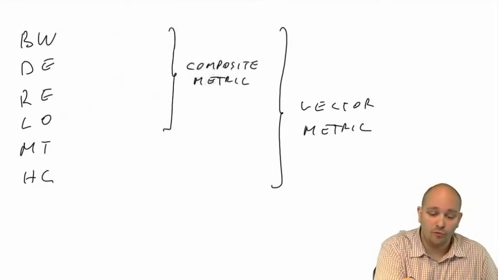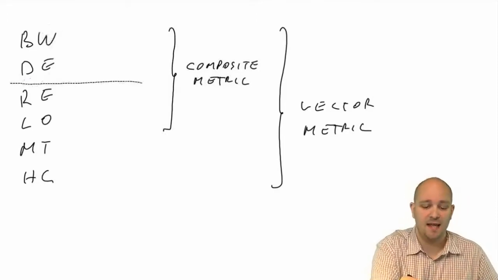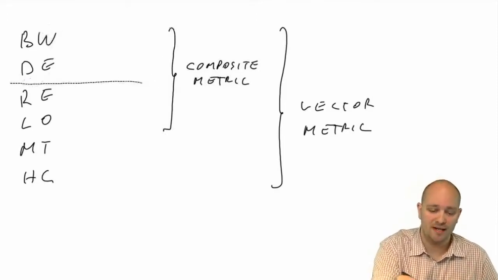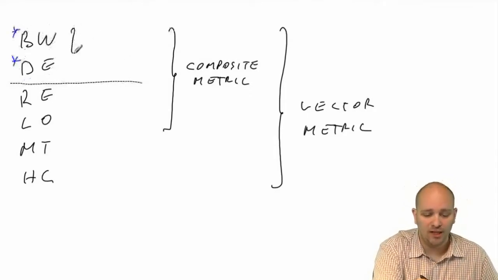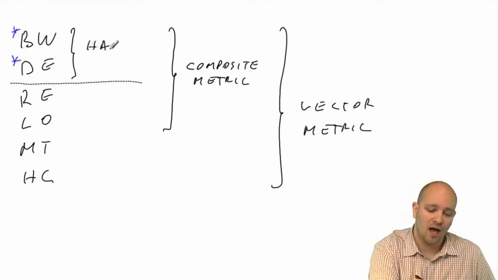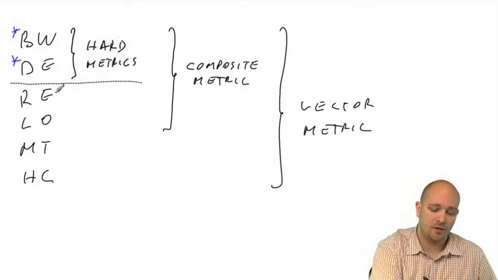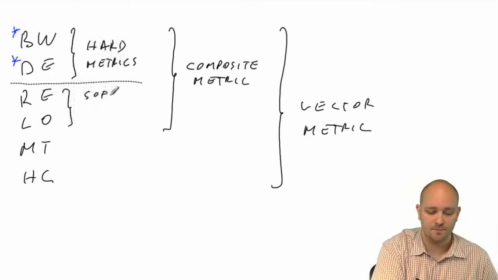But these 4 values are not born equal. Bandwidth and delay are, first of all, used by default, but they are also something that, and this is my term, I like to call hard metrics. And reliability and load are something that I like to call soft metrics.